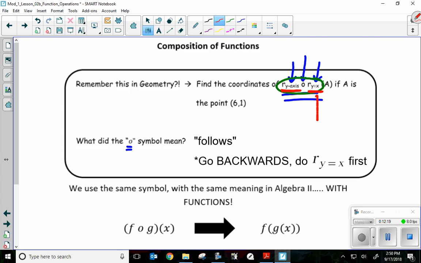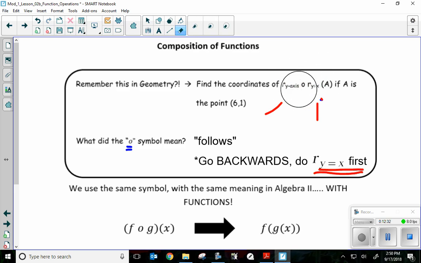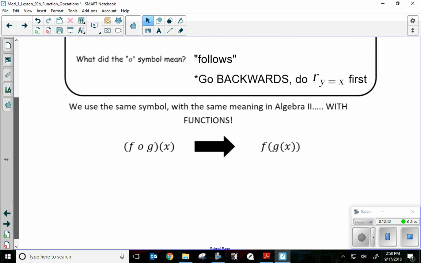So I need to do my reflection over y equals x first, because this reflection follows that. It's in order. All right? Now, you may or may not remember that, and that's fine. You don't have to remember reflecting from geometry to understand this concept. But you do need to understand what I'm about to tell you right now.